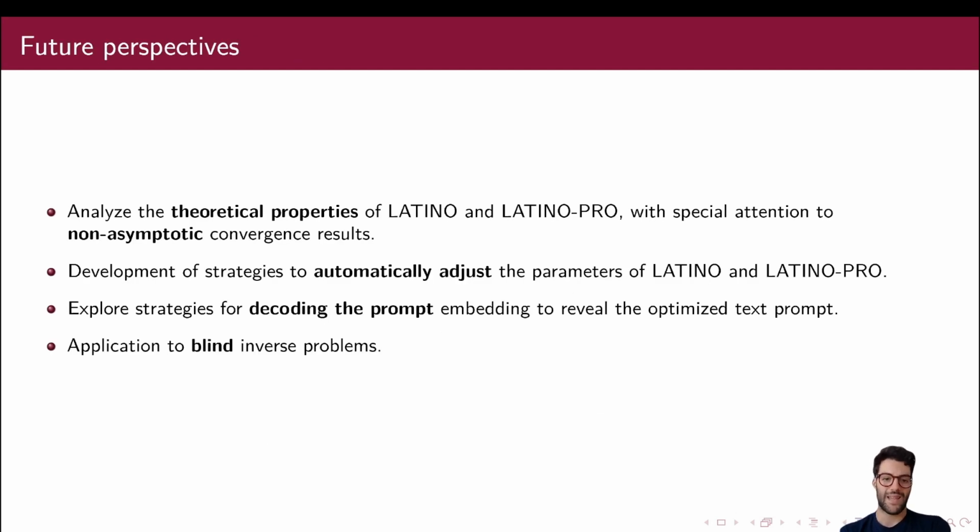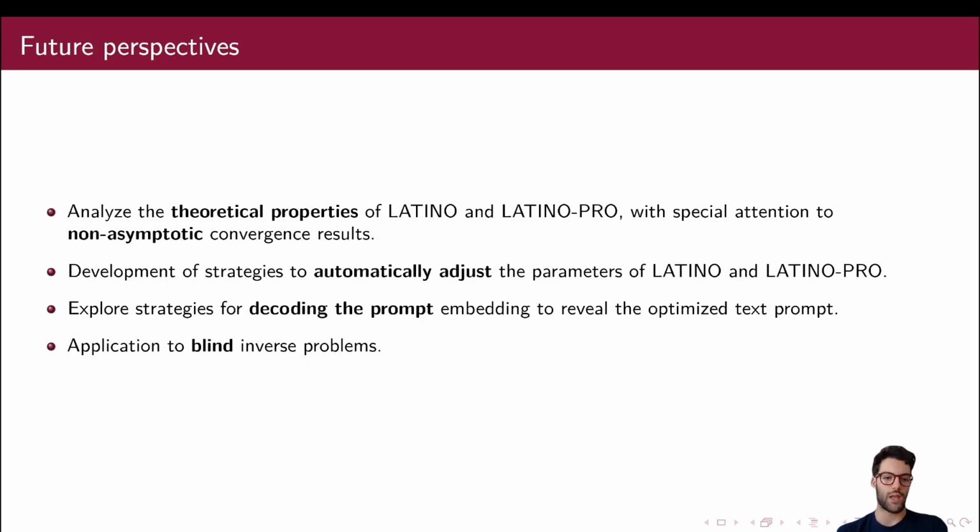For future perspectives, as I mentioned before, we can try to give some theoretical properties, like some theoretical motivation and analysis, in particular of both Latino and LATINO-PRO. For example, for the Langevin split stepping, we can try to understand why this works, and we can test on different types of distributions where we know how to compute in closed form all the different steps.